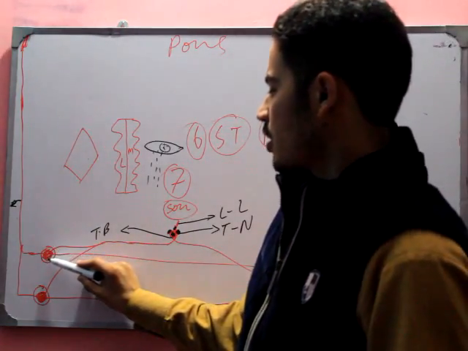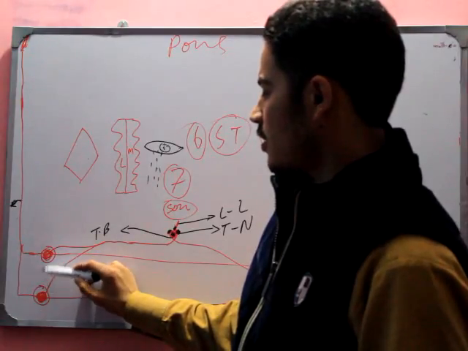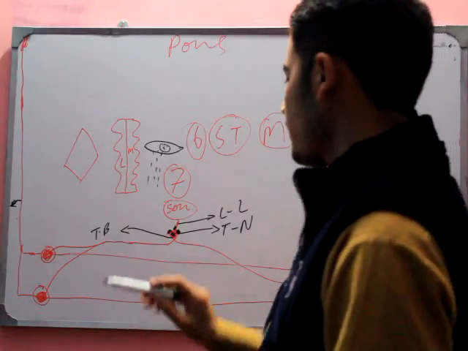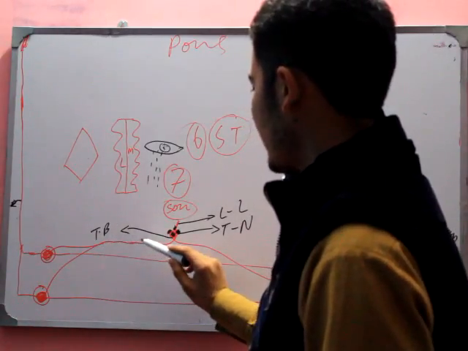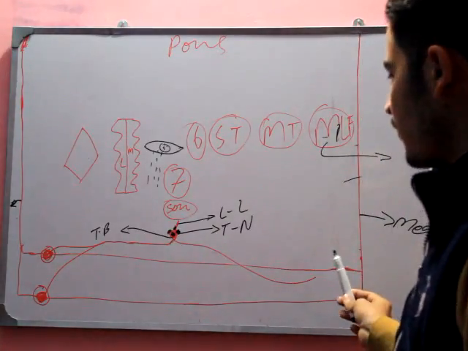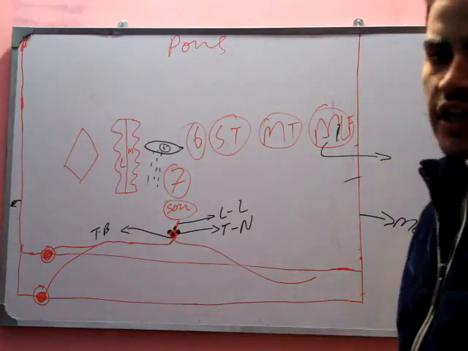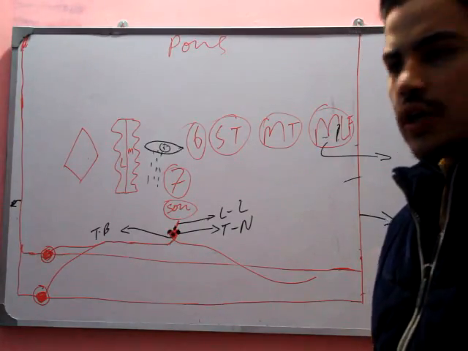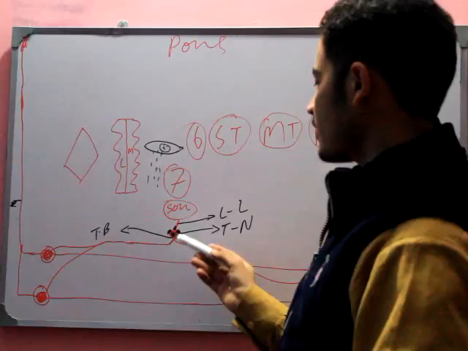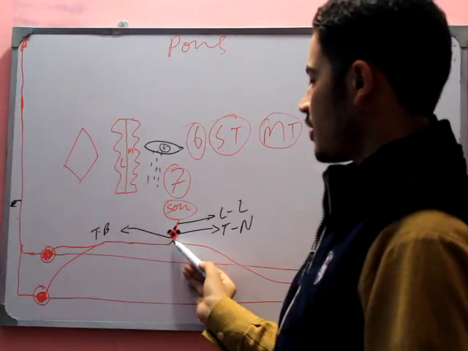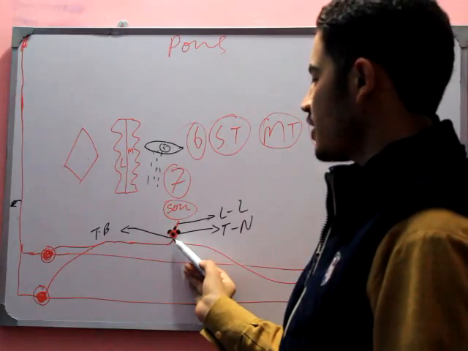Fibers from both dorsal cochlear nuclei and ventral cochlear nuclei come here, and they cross with the fibers coming from the other two cochlear nuclei, that is your dorsal cochlear nuclei and your ventral cochlear nuclei. They are making decussation here, or you can say they are crossing here.